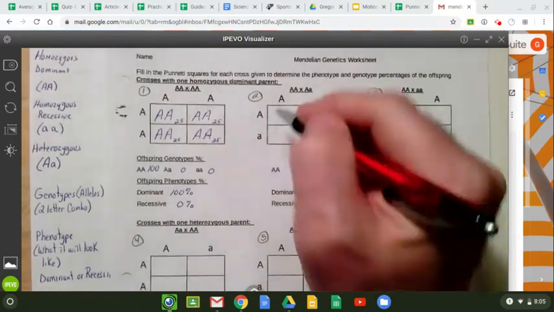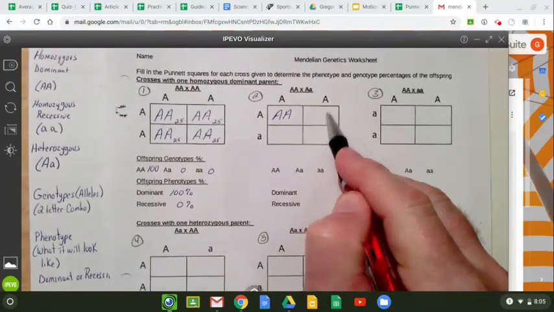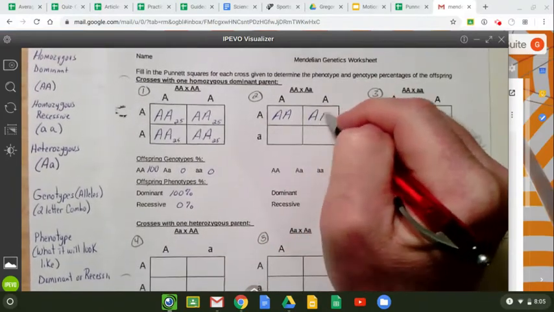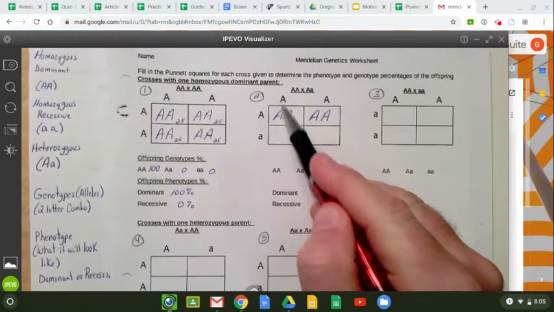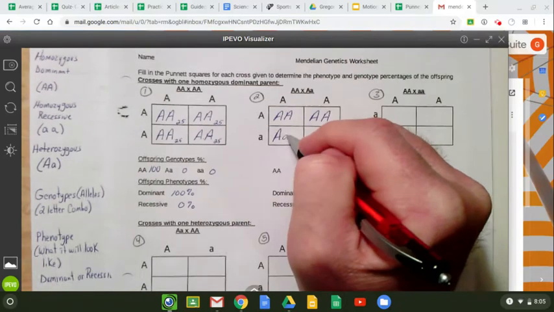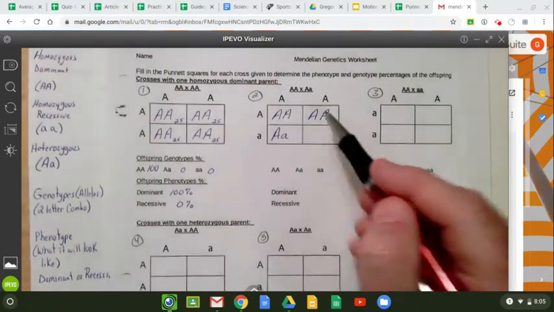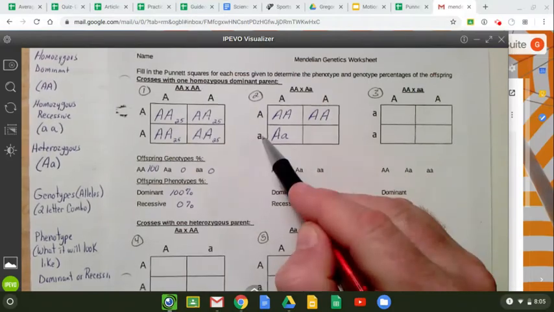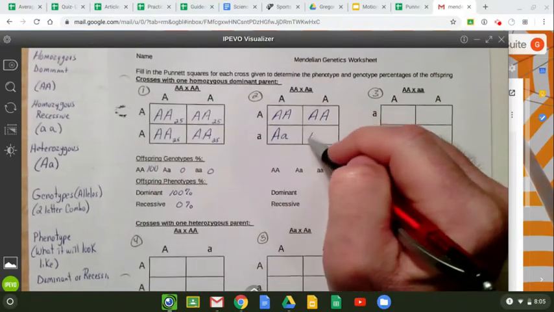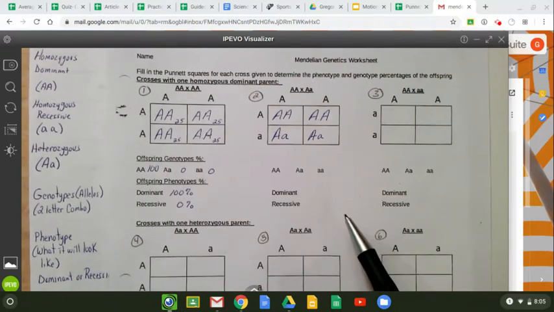Capital A, capital A, capital A, capital A, capital A, lowercase a. Now, we always want to put the capital letter first, not the other way around. And then same thing here, capital A, lowercase a. All right, so here we see a little bit of a difference.